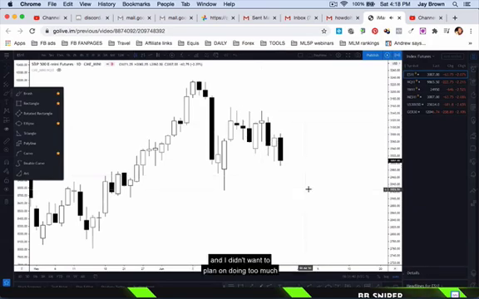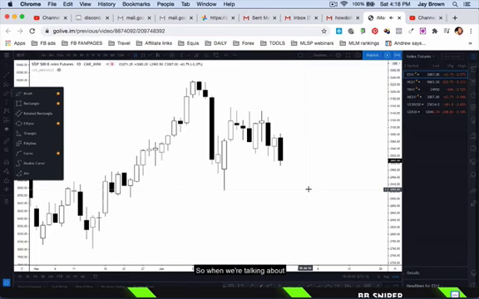Now, here's another thing too, and I didn't plan on doing too much because of information overload, but this not only works for the daily open, but it works as well for the session opens.